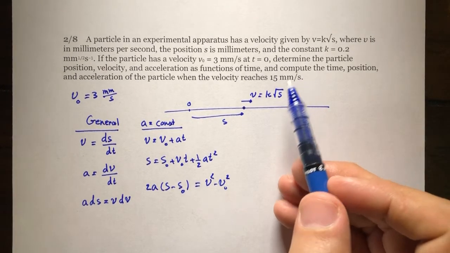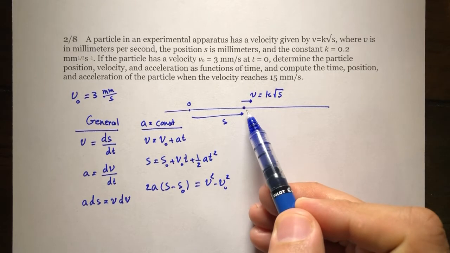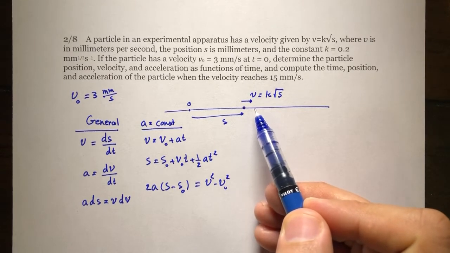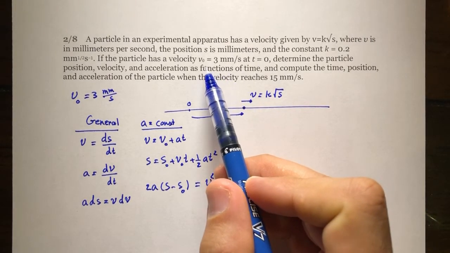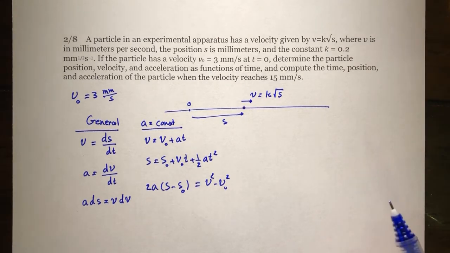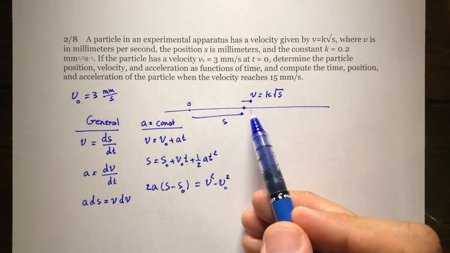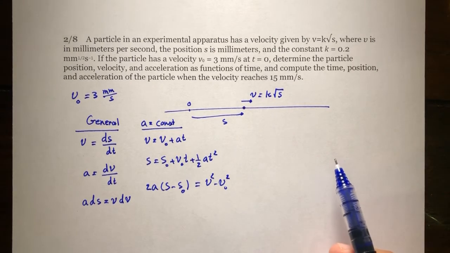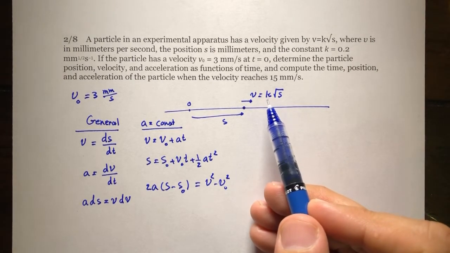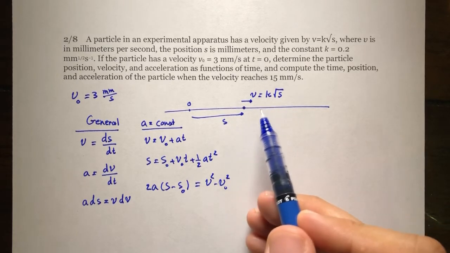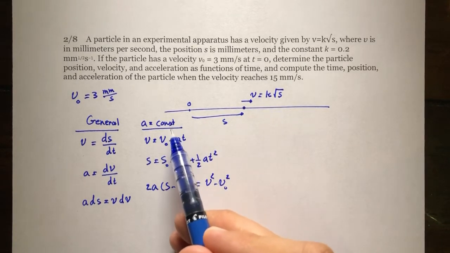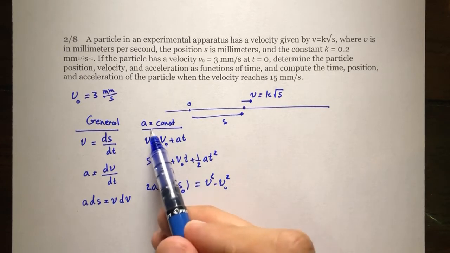So in this case, we know the velocity as a function of position. And we have some information about the initial velocity, and that's all. So is the acceleration constant here? We don't know it. Probably it's not going to be constant, right? So because we don't know the acceleration is constant here, we are not allowed to use these equations here, right?